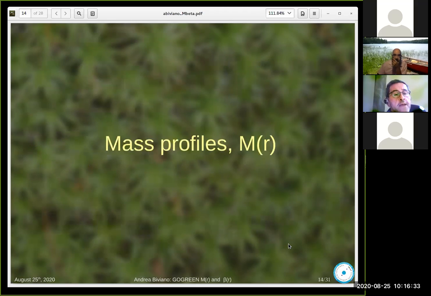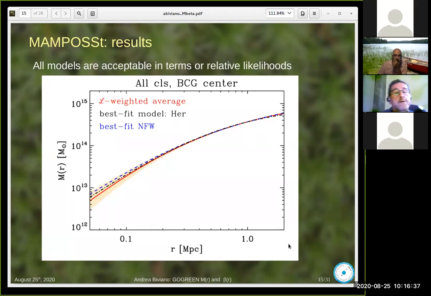And in the end, we find out that the data, although these are the best data you can get at redshift above 1 for clusters, the statistics is not good enough to tell us which is the favored model. That's why I didn't spend much time in describing the models.